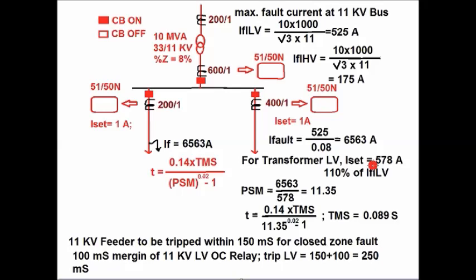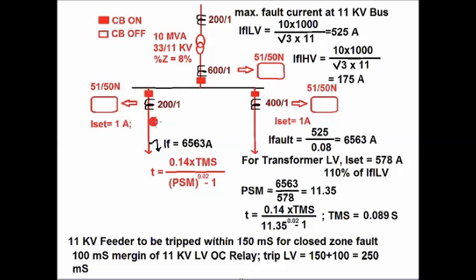Now we'll calculate the TMS by considering that the 11 kV feeder is to be tripped within 150 millisecond for a close zone fault. So a 100 millisecond margin is given for the 11 kV side of the transformer overcurrent relay. First priority should be given that the 11 kV feeder relay first trips the circuit breaker.